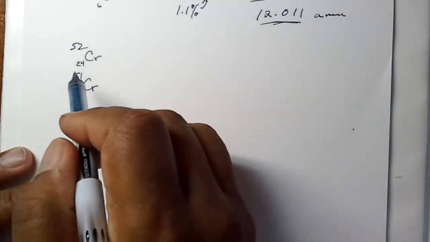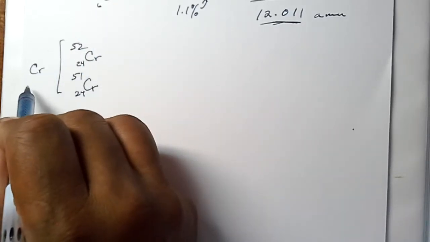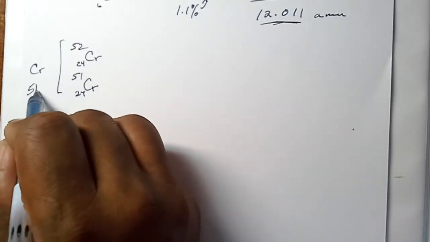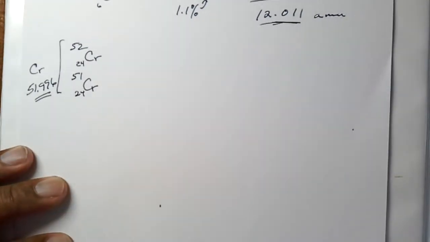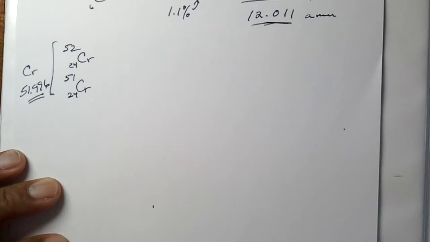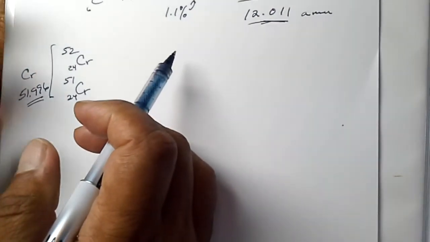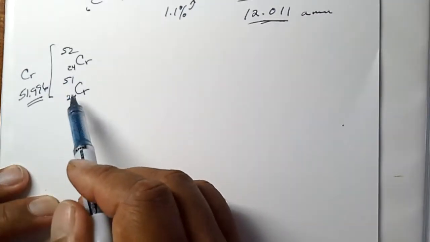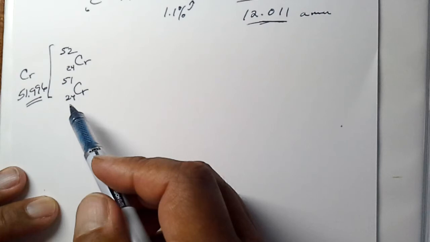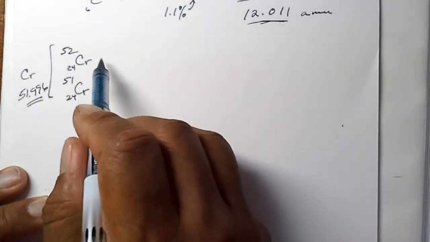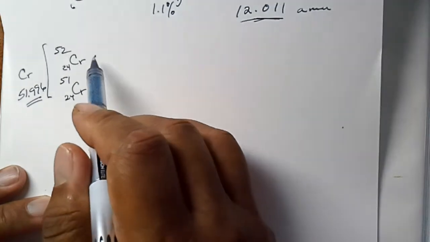So they exist together, elemental chromium. And the atomic mass unit for our elemental chromium that you'll see in the periodic table is 51.996. If we wanted to know what the percentage of each one of these were, and we didn't, we can calculate that by setting up an algebraic expression.